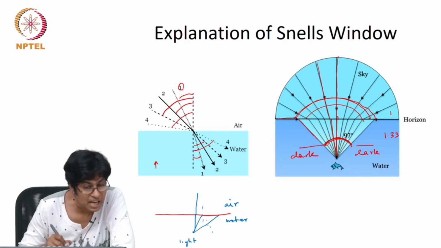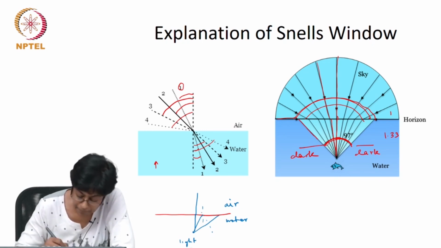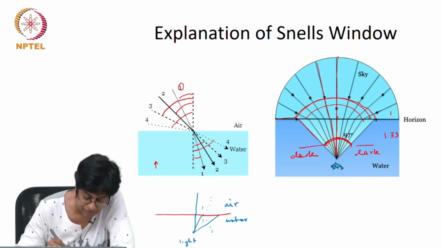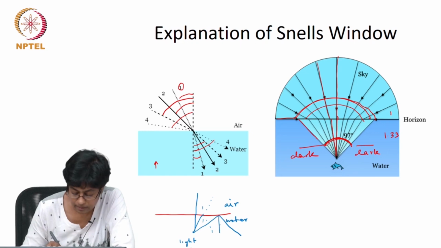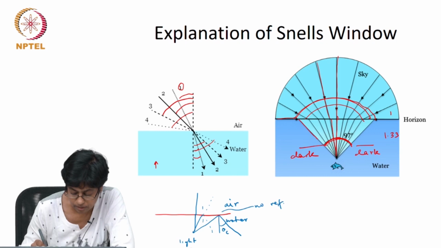And there would be some angle but there would be some reflection, there would be some transmission. But at some angle, you would have all of the light reflected. Let's say this is theta c, and there would be no refraction.